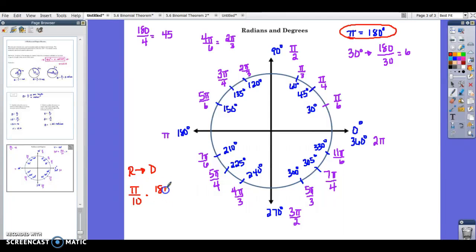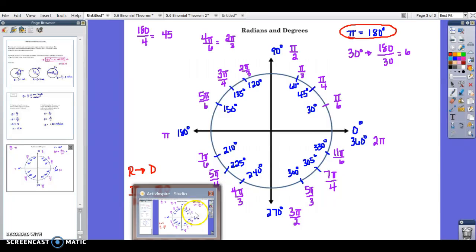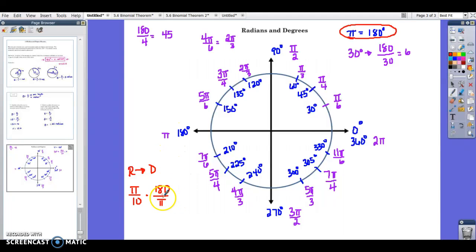So in this case, I would put in 180 over pi. I do 180 over pi because that's equivalent to 1, because they're equal to the same thing. And cross out my pi's, I get 180 over 10, which just reduces to 18. So pi over 10 is 18 degrees. So if I'm going from radians to degrees, I just multiply by 180 over pi.